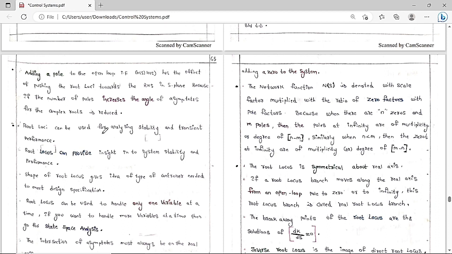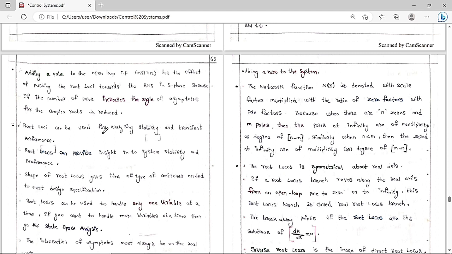What is the angle between the asymptotes? The angle between the asymptotes is equal to 2 pi by p minus z. As the number of poles increases, p minus z increases. So as the denominator increases, the overall angle is reduced.